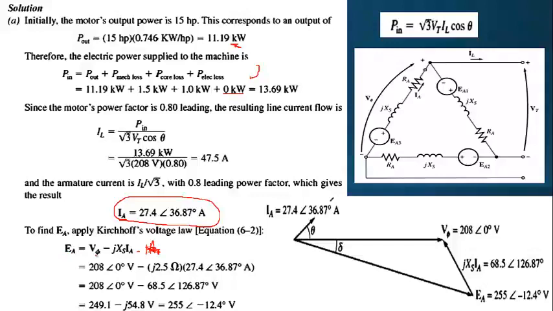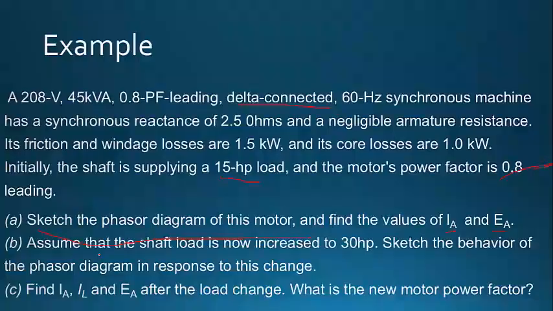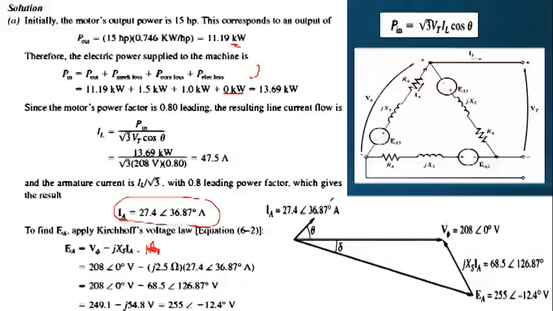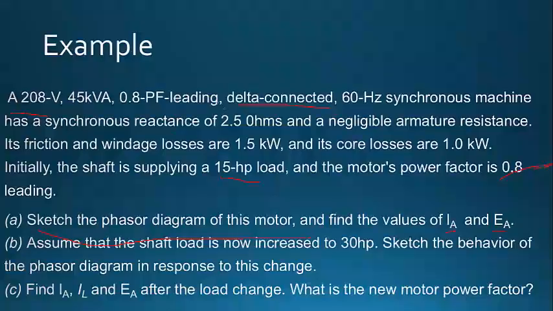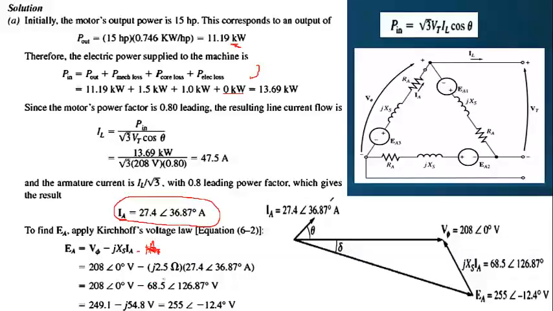The V phase was given to us in the question to be 208 volts, and since this is the reference voltage, it will be angle 0. So 208 angle 0 minus our XS, which was given to us in the question to be 2.5 ohms, multiplied by the current, which you had to be 27.4 angle 36.87. If you compute this, you will get our EA to be 255 angle negative 12.4.